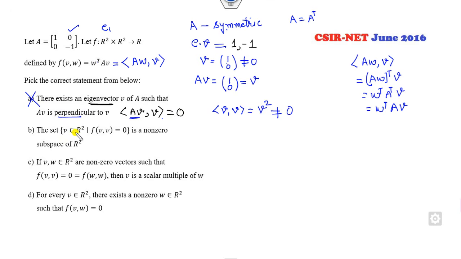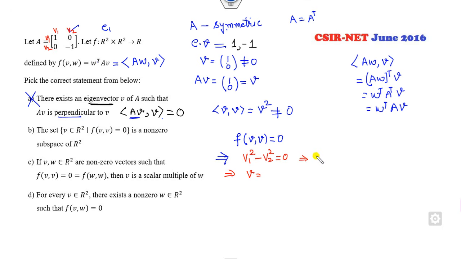Look at this one. The collection of all V such that V comma V is 0. That's very simple again, because they are the same elements. I call them V1, V2, the same elements. So if I multiply them, it's V1 square minus V2 square is 0. So what are those V's?